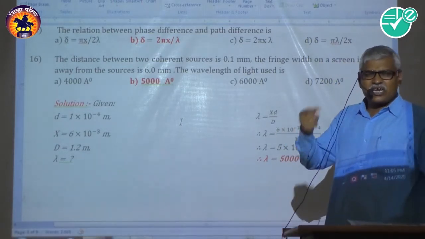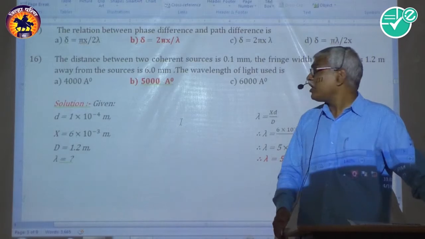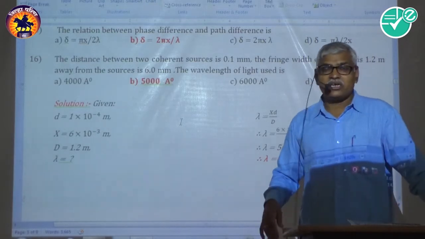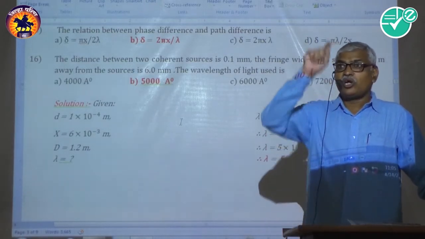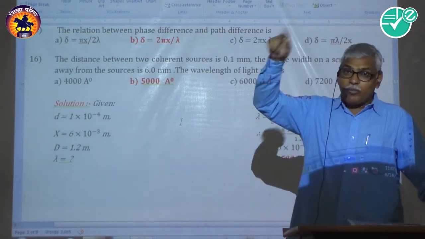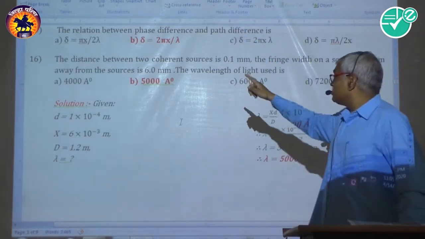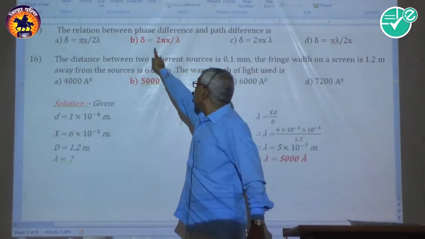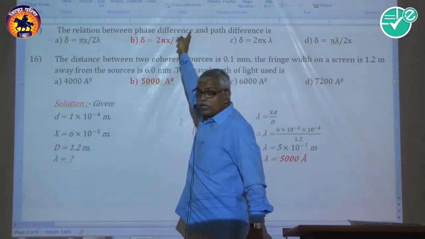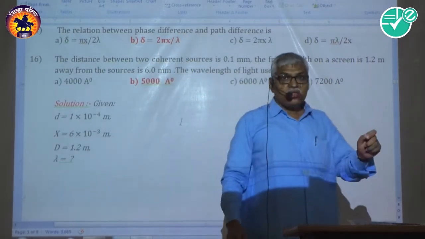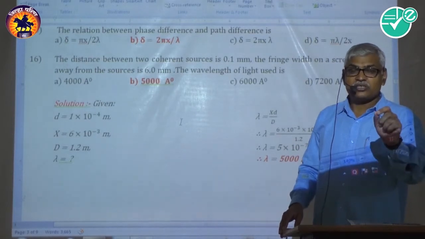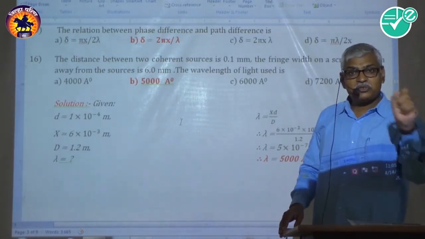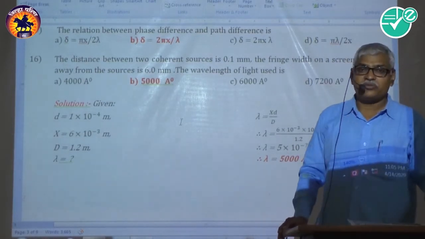The standard formula is this: I gave yesterday that phase difference is equal to twice pi upon lambda multiplied by path difference. Here, the symbol x denotes the path difference, and the symbol delta denotes the phase difference.